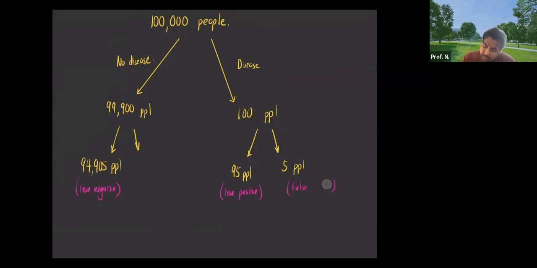Sorry, this is false positive. So there are 4,995 people that will test positive, but they don't really have the disease. So the people that we care about in this problem are the people that lie in this region here.